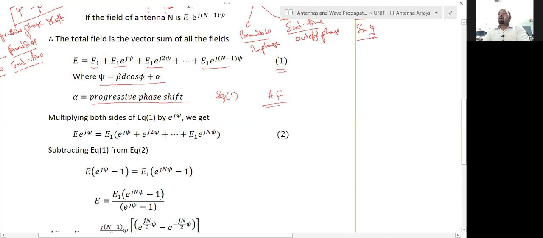The first step is to multiply both sides with e power j psi.